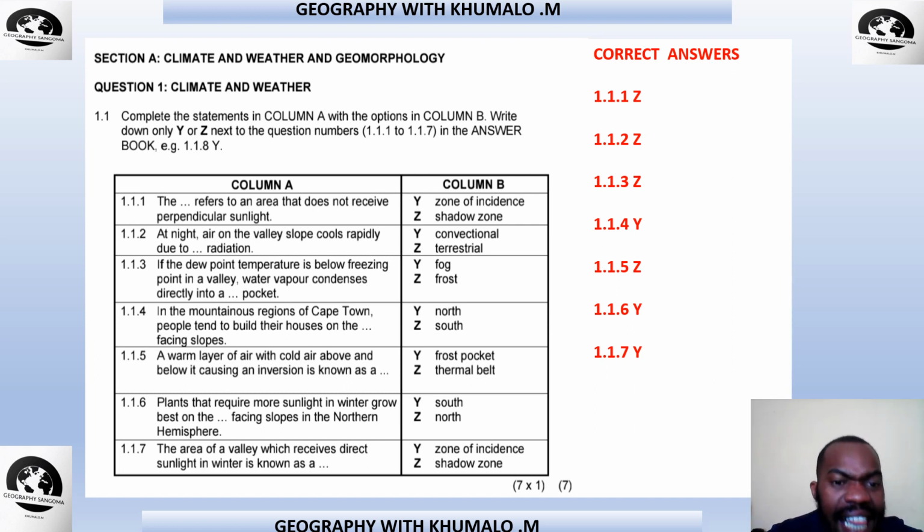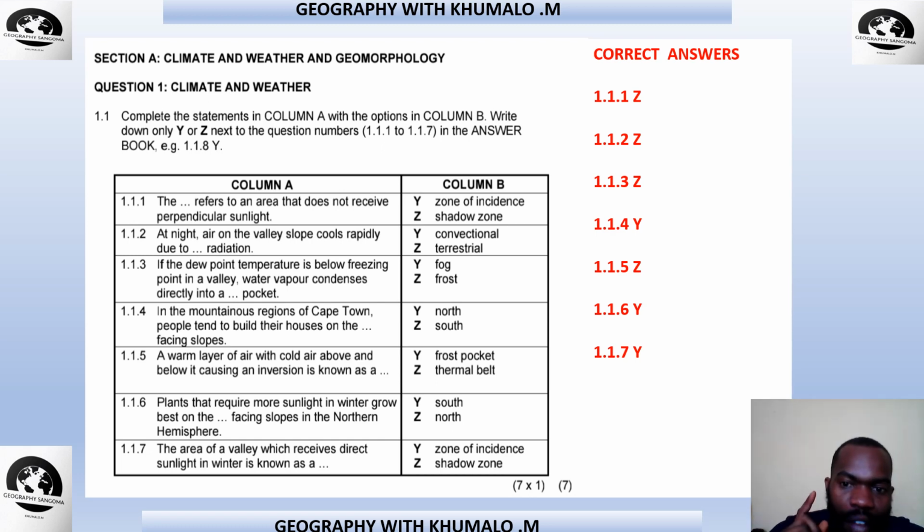1.1.4, in the mountainous regions of Cape Town, people tend to build their houses on the facing slope. This question didn't want you to go to Cape Town, grade 12s. They are just asking you because you know that Cape Town is in South Africa, and you know your slope aspect, that the north-facing slopes are the ones that are going to be heated.